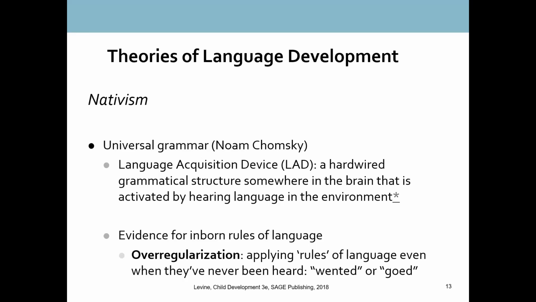In response to the behaviorist theory, along came Noam Chomsky. He's a very famous linguist, and he actually wrote a paper in response to the behaviorism theory, and he talked about a language acquisition device, that we have some kind of hardwired grammatical structure somewhere in the brain that's activated by hearing language in the environment, and that this part of the brain is going to analyze whatever language it hears and make sense of it, and the child will then learn language through this analysis of the language acquisition device.